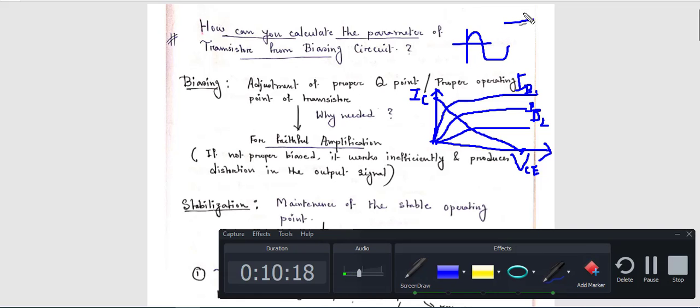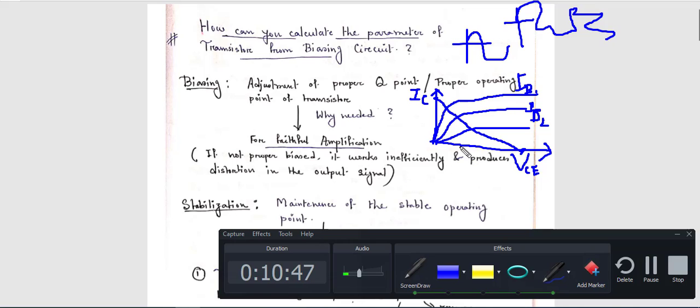Now at the output side, if your output is like this, and you compare it to the input figure, this is a distorted output. That means this is not a proper amplified signal, so you cannot consider this signal. That means the transistor works inefficiently. So in that case, to get efficient work from the transistor, you require biasing. That's why biasing is very, very important.